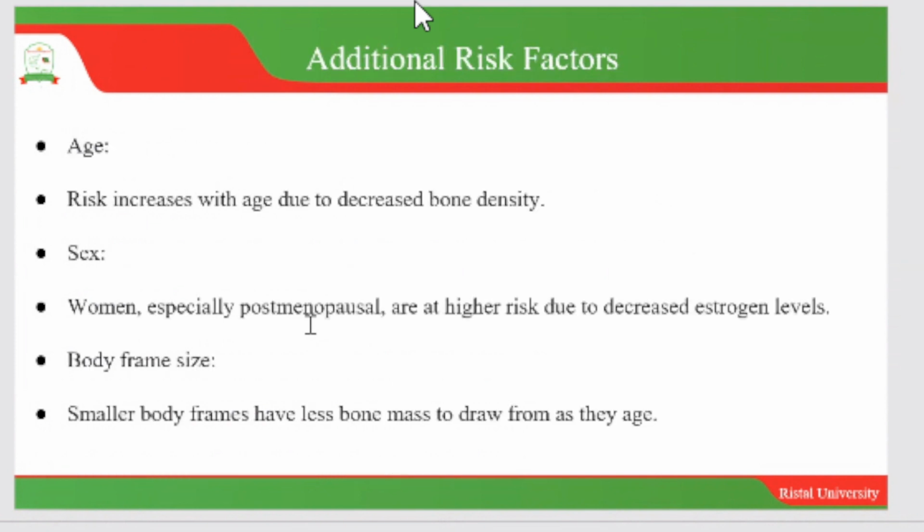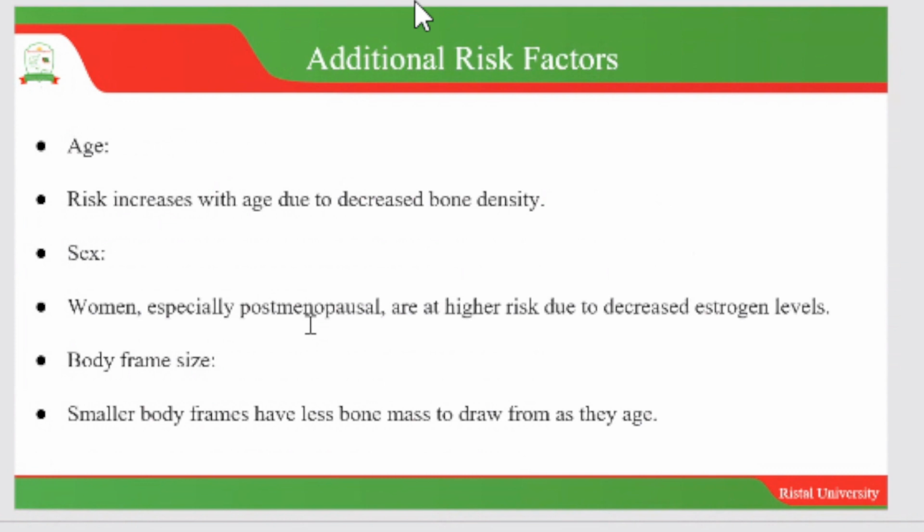This we've seen. We've seen the additional risks of age. For remember, bone reabsorption is higher as people are growing more and more, and also the risk factors to do with age and decreased bone density.